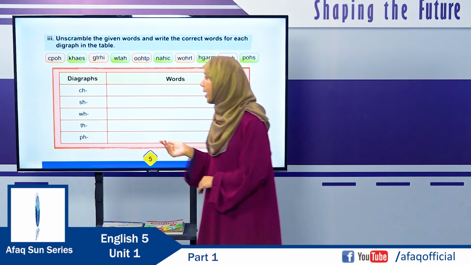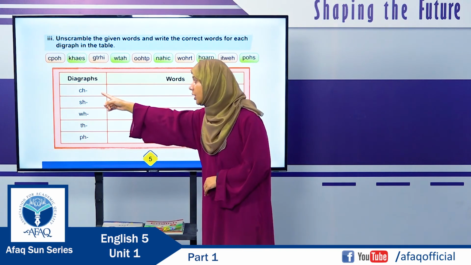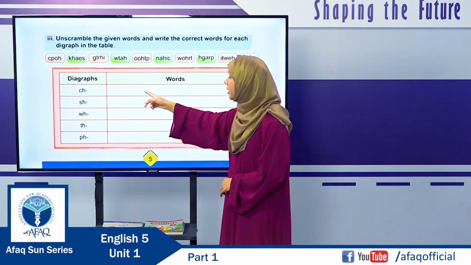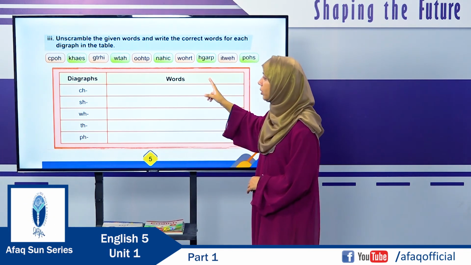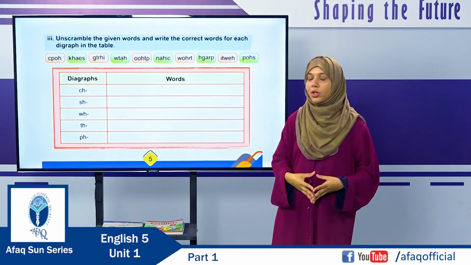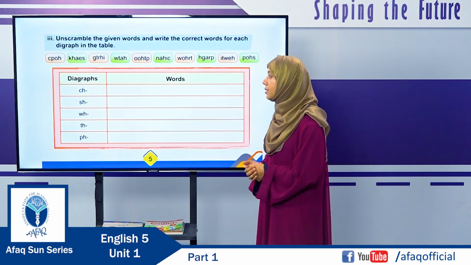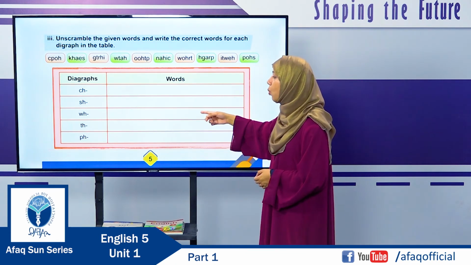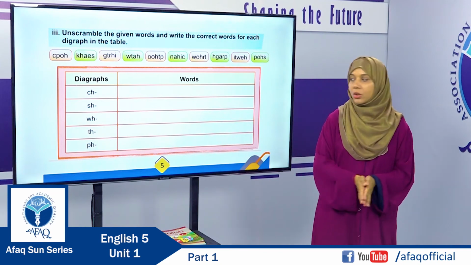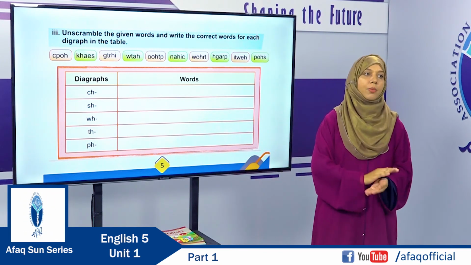The word chop has a digraph ch in it. So we are going to write C-H-O-P here. Alright, so this is a word that starts with the digraph ch. In the same way, you have to find more words that start with ch, sh, w, th and f. Hurry up, now pause this video, complete this exercise and then come back.